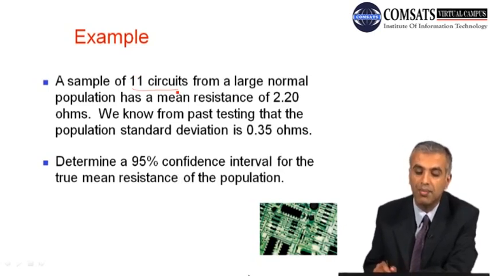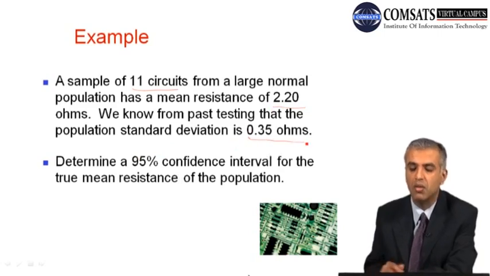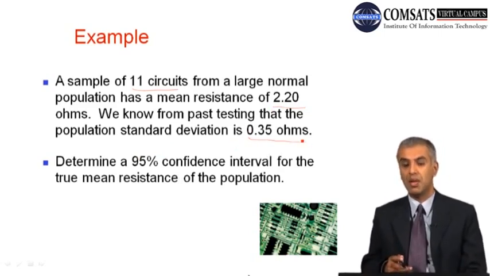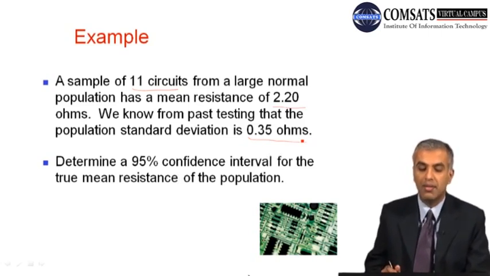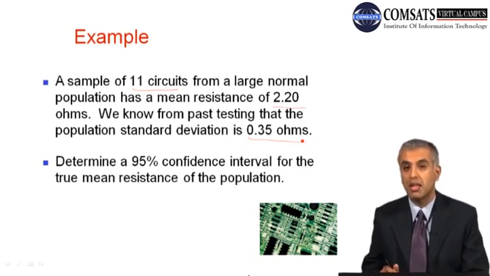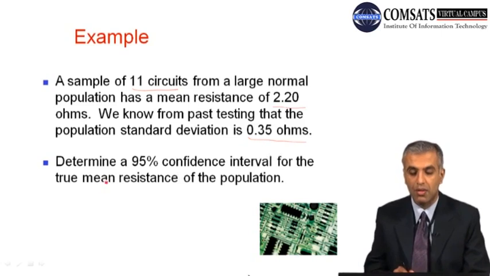We have a mean resistance of 2.2, and we are also given the population standard deviation. This makes it a very conventional example, and we have to determine a 95% confidence interval for the true mean resistance of the population.